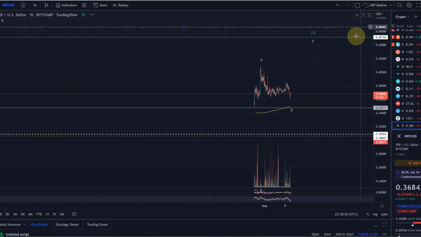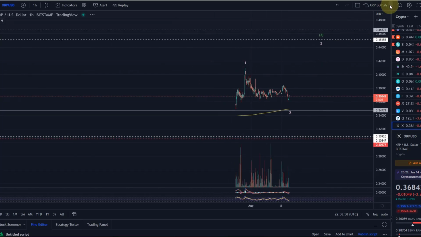So this here was the bullish one, and then I'm going to make another copy, and that would be the XRP bearish. To be honest with XRP, I mentioned in the last video, I did really hide this bullish scenario away. I only unpacked it because we broke above this level.